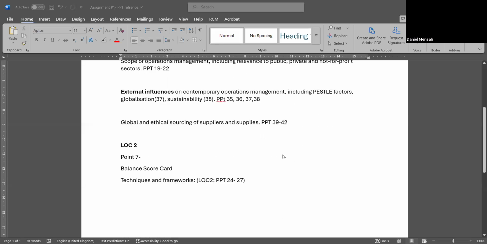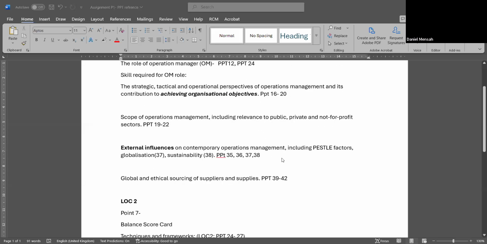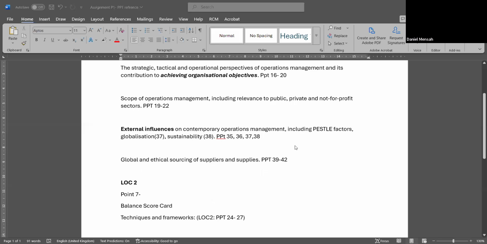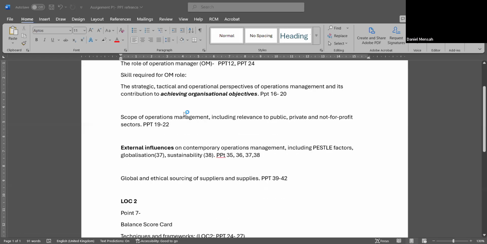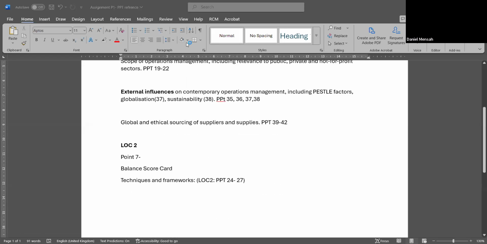You can go through these, and they will help you to address or attempt the tasks. The first part of the assignment is based on LOC 1 and LOC 2. Now we'll go back to the assignment reference PowerPoint assignment explanation.